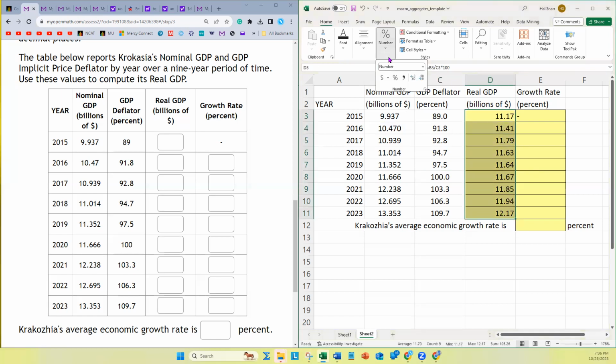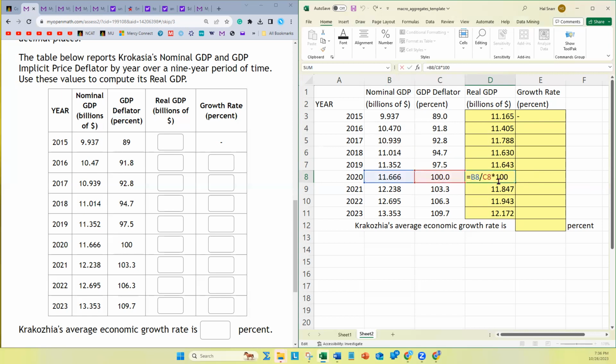The year 2020, because 2020 is my base year, nominal GDP in the base year is equal to the real GDP because we're dividing by 100 and multiplying by 100, right? Dividing by 100 and multiplying by 100. So I can say that this is nominal GDP and I can say it's real GDP. Right?